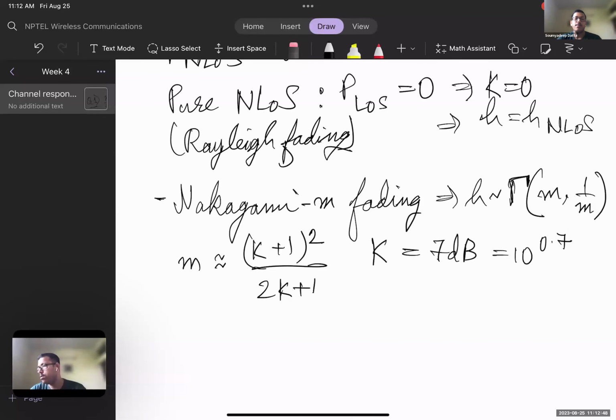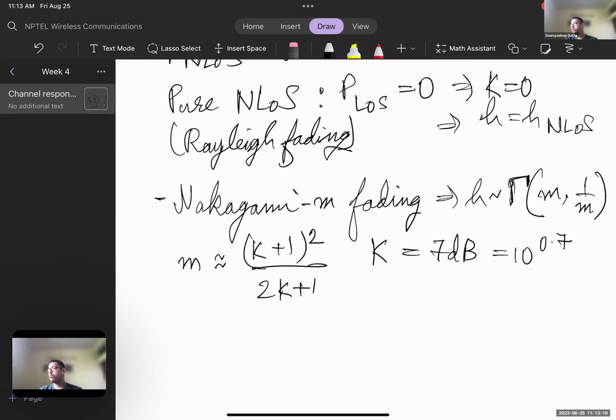Sometimes for the purpose of research, on analytical purposes, Nakagami m fading has a nice distribution, and it is analytically more solvable. It is sometimes difficult to get nice mathematical expressions with the Rician channel, so you sometimes have to resort to the Nakagami m channel fading model.